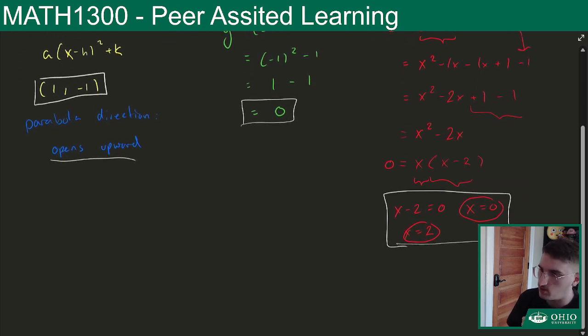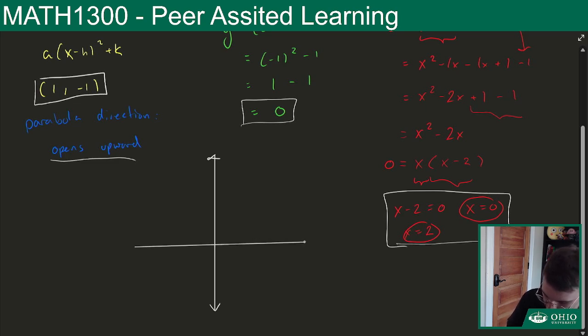So let's go ahead and put all this information on a graph and then fill in the rest of the information. Let's draw a vertical line and a horizontal line, and let's add a few tick marks in each direction.